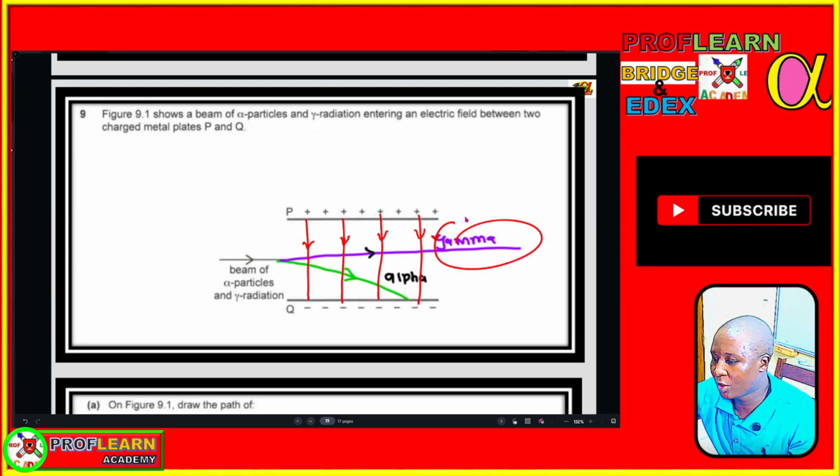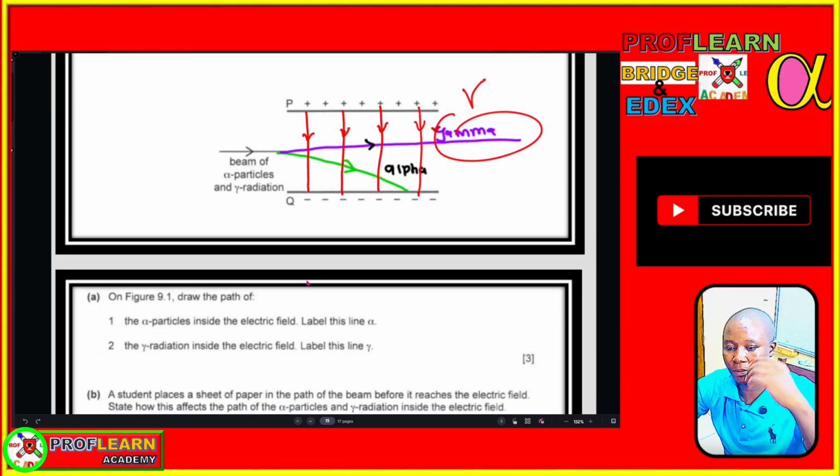But gamma radiations don't have any charge, so they are going to pass through the field undeviated. If we were having beta particles, which are electrons, they would be attracted to the positive plate. That's something also you need to understand. So alpha particles will experience a downward force because they are attracted towards the negative plate since they are positively charged.